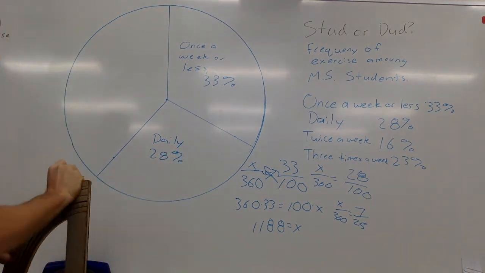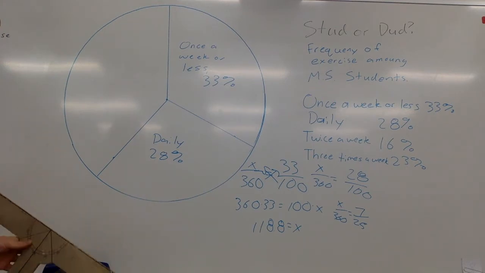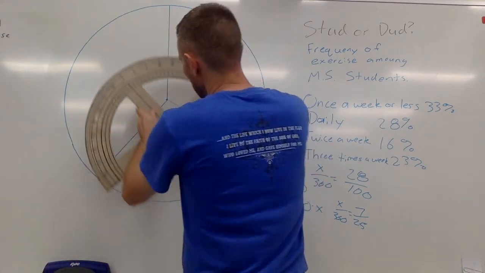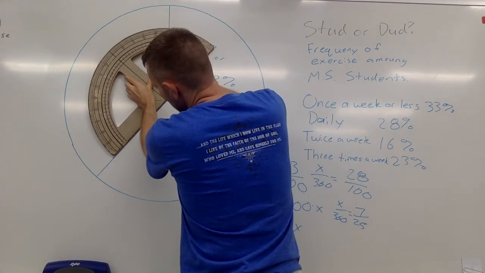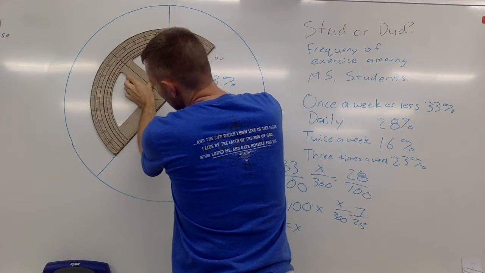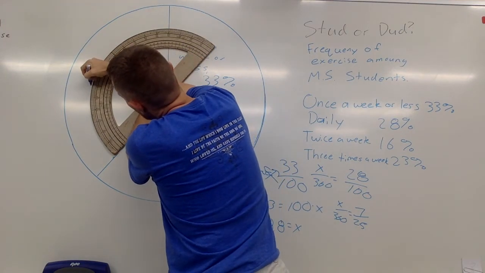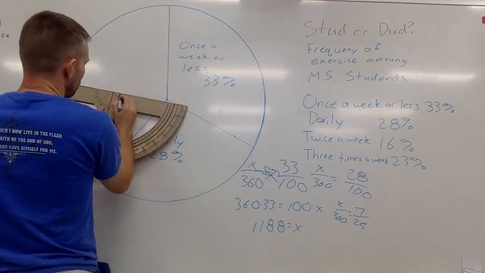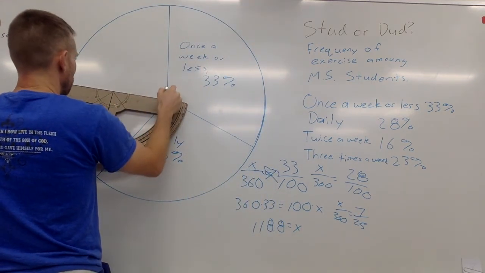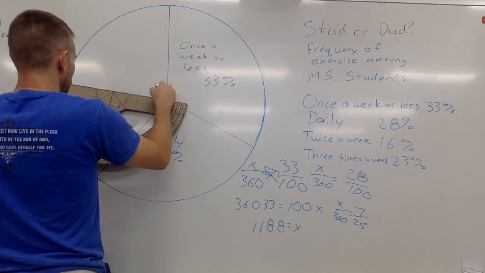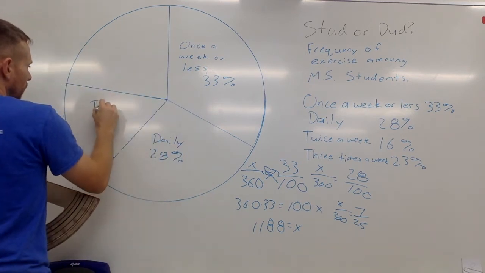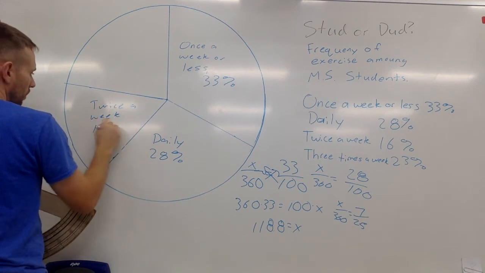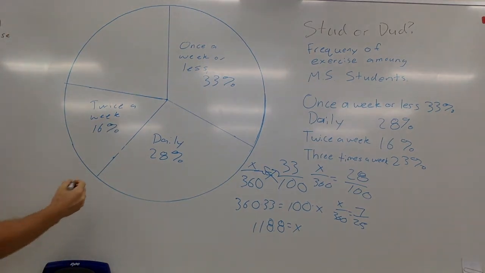Now 16% works out to about 57.6, so we'll just do 58. We'll go to 60 and back to. Twice a week is 16%.